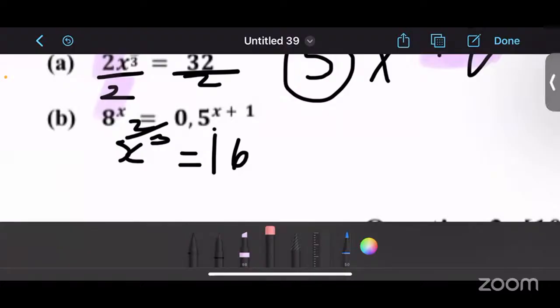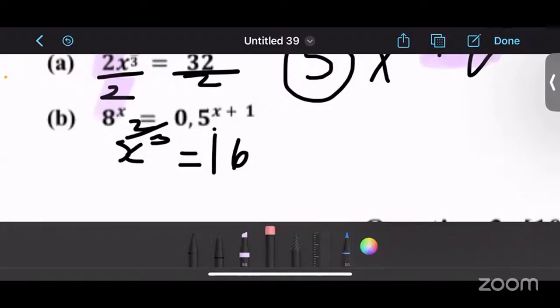Ma'am, I don't know which next to. Okay, Zira? Ma'am, would I move the exponent 2 over 3 to the other side? How do you move it?